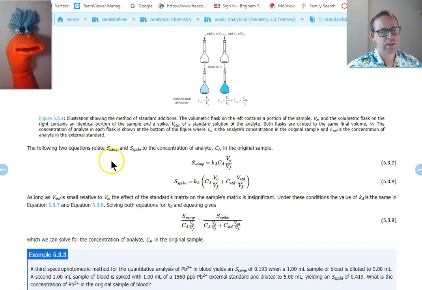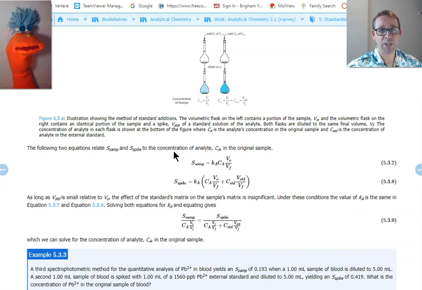Okay, this is called spiking your sample. Spiking your sample means that you have a sample which has an analyte in it, and you're trying to find out how much analyte there is. And you've tried different methods for determining the analyte, and it's not quite working. And so you spike it, you put in a known amount of analyte.